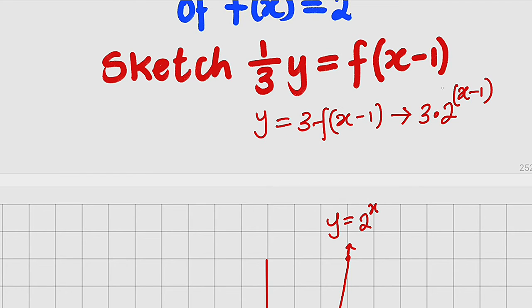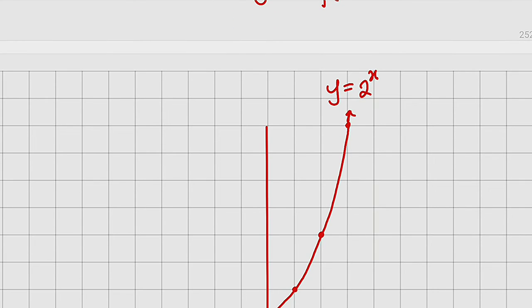All right, next I would like to construct the graph of 2 raised to the power of x minus 1, which is a horizontal shift 1 unit to the right. So I'm going to shift every single point I have on that graph 1 unit to the right. We have a point here, I'm going to shift it 1 unit here.